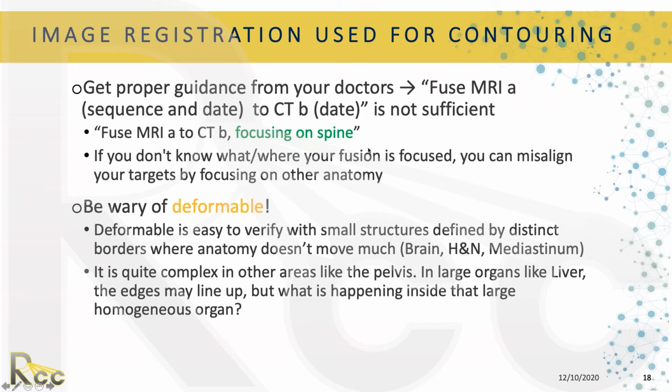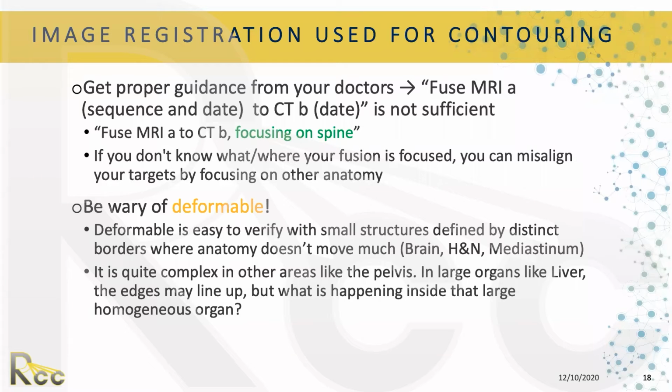And that's very important, because in many institutions maybe you have an MR scanner dedicated to your practice, but maybe not. The planning CT is done using all the immobilization devices, so the patient is in treatment position.